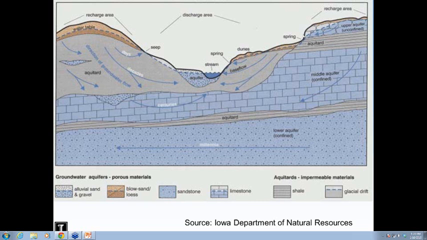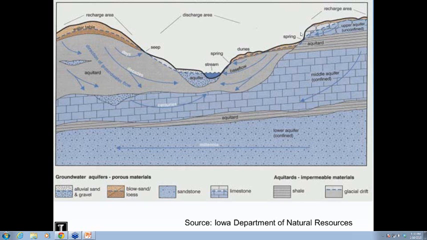And a spring, there are places in karst topography, where limestone outcrops to the surface, where folks use those springs for their water supply. I know down in Kentucky, I have a friend who has a home that was built in the 1800s, and they actually have the spring running through their house, and that's their water supply.